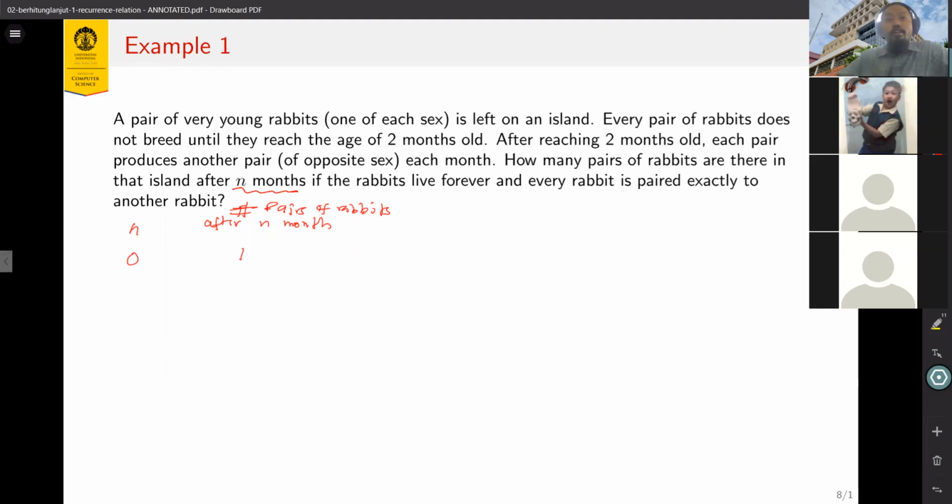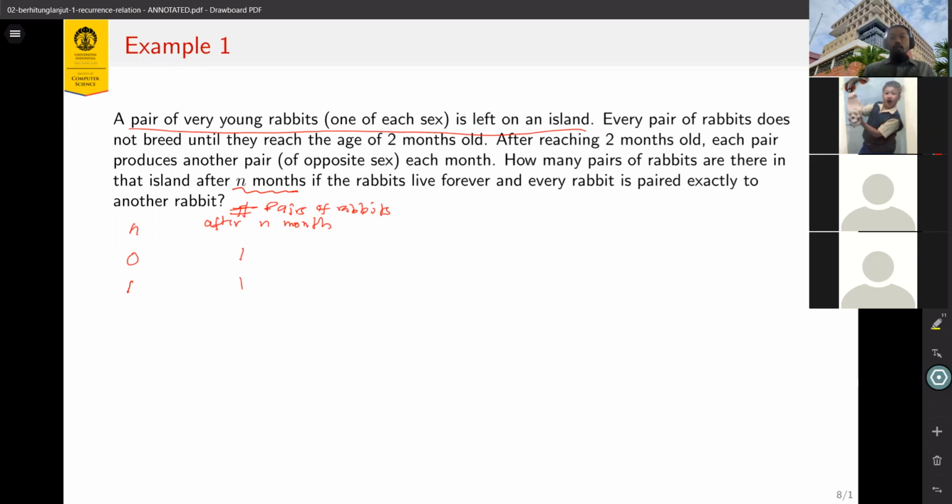How do we get one? Well, it's obvious, because we only have this pair of young rabbits here. After 1 month, how many pairs of rabbits do we have on the island? Still one. Okay, great.